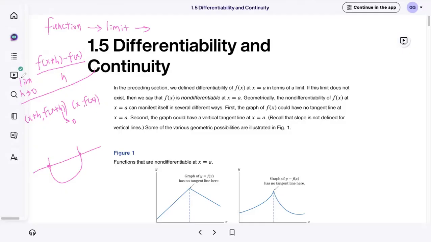So what do we do? This is saying, let's push this point, which is x plus h, f of x plus h, to x, f of x. So then what happened? Actually, let me draw a better graph.